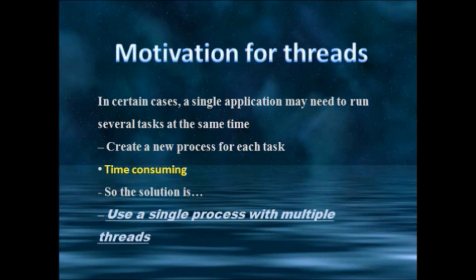Threads. Motivation for threads. In certain cases, a single application may need to run several tasks at the same time. Creating a new process for each task is time consuming. So the solution is to use a single process with multiple threads.